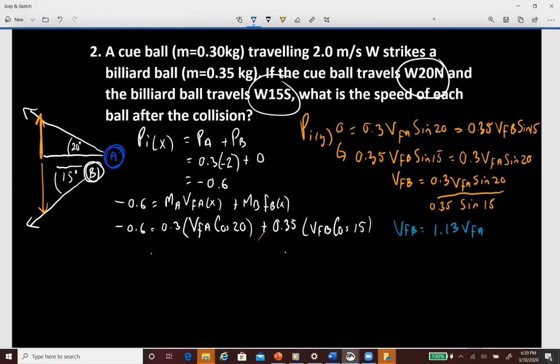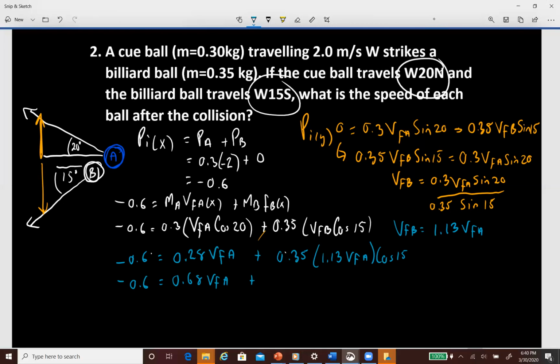Now I'm going to go back to the step I was doing before, but I had my notes, I already did that substitution. So going back to this equation, negative 0.6 is equal to 0.3 times cosine 20 times VFA, which is 0.28 VFA, plus 0.35 times VFB, which we know is 1.13 VFA, times cosine 15.